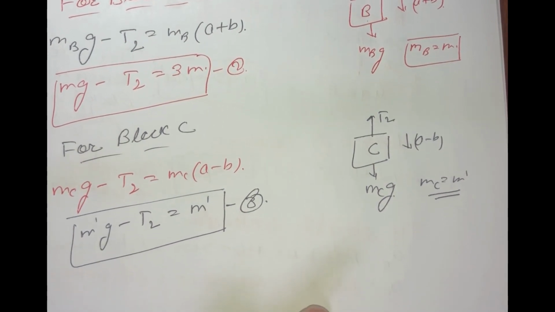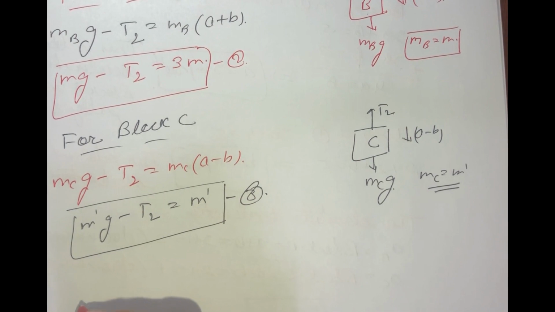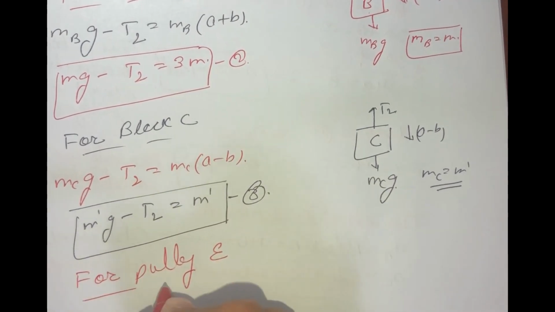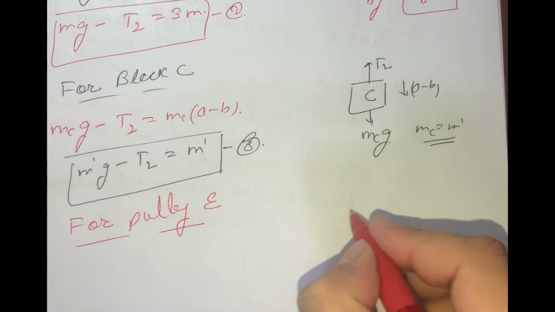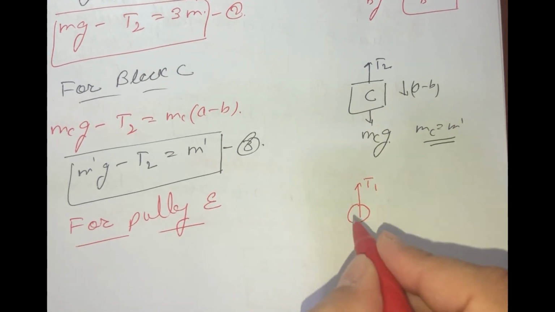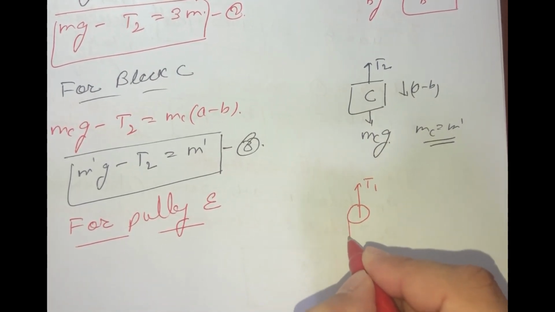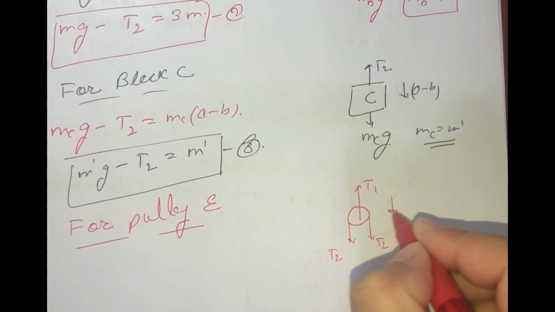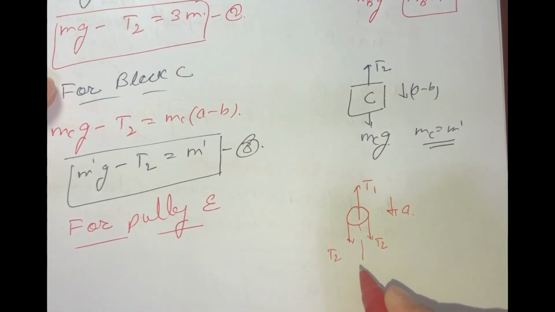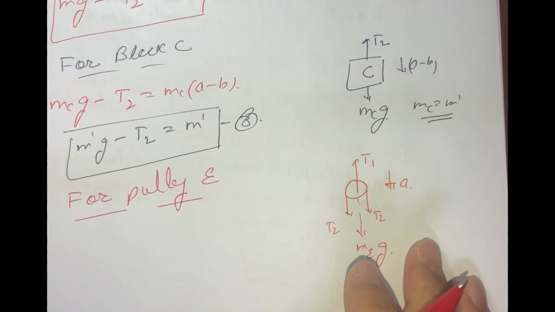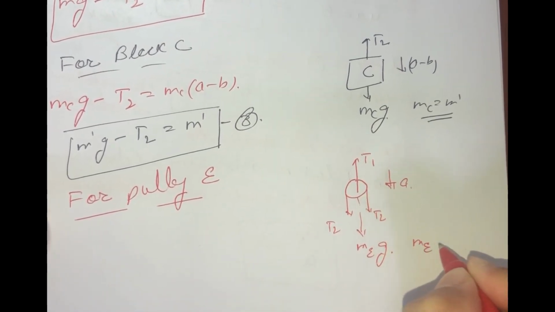And last will be for the pulley, because it is also moving, so we can write this for pulley E. So we have this pulley, it is connected to tension T1, and we have T2 as well as T2 moving in the downward direction with the acceleration a, and it has certain mass, so here it will be mEg, and mE is given as 11.5.